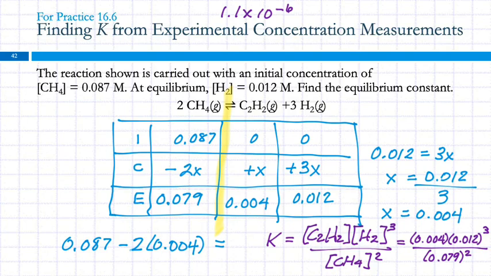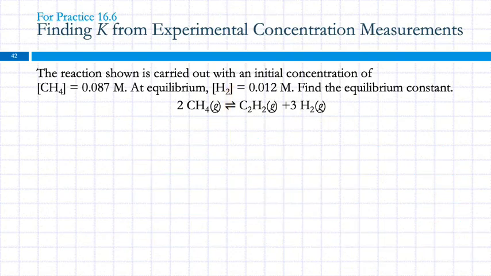And we could figure the rest out using stoichiometry. So we figure out all the equilibrium concentrations, then we put them into the expression and we can calculate the constant. Any questions? 1.1 times 10 to the 6.